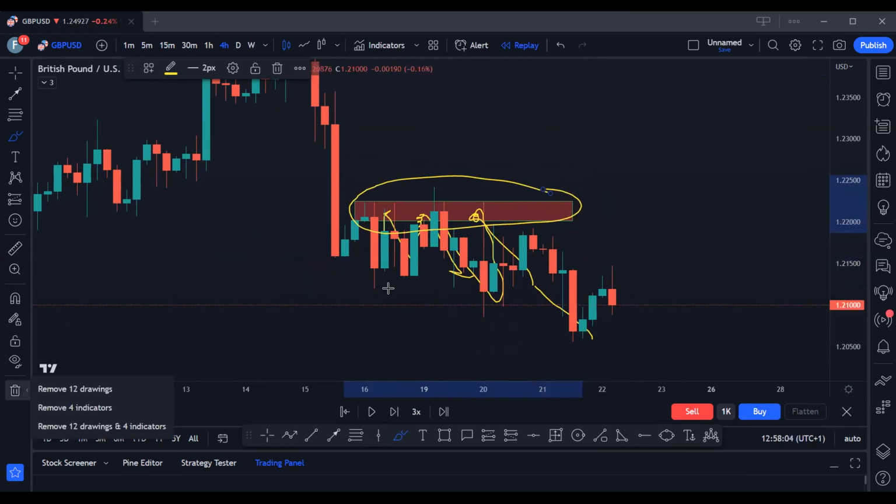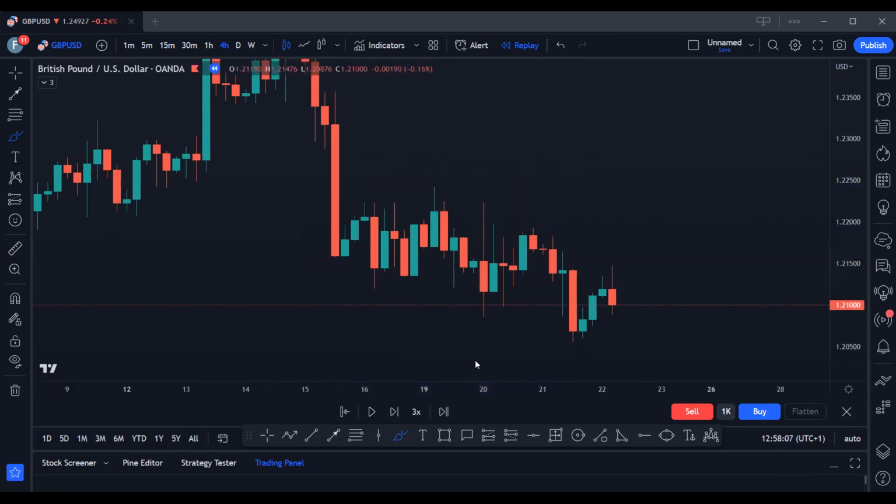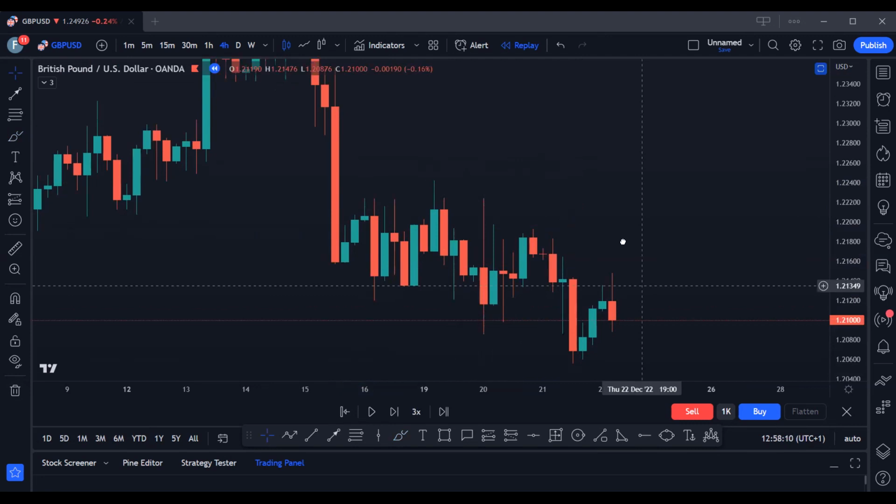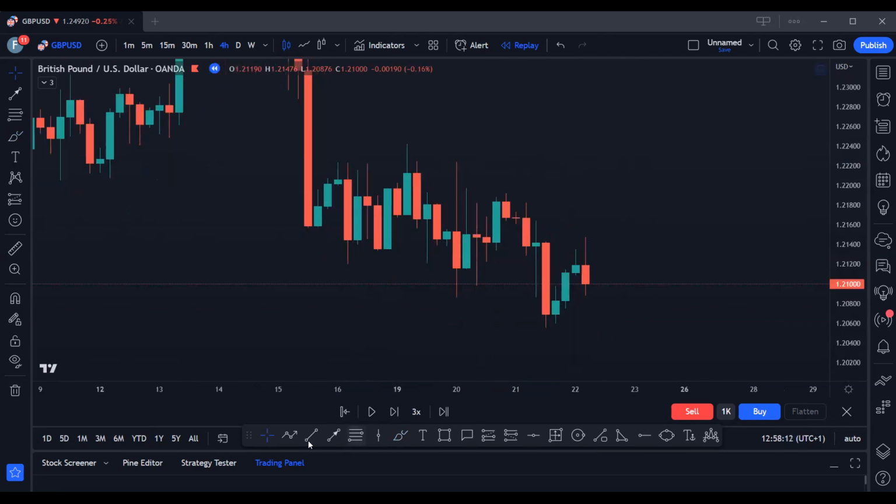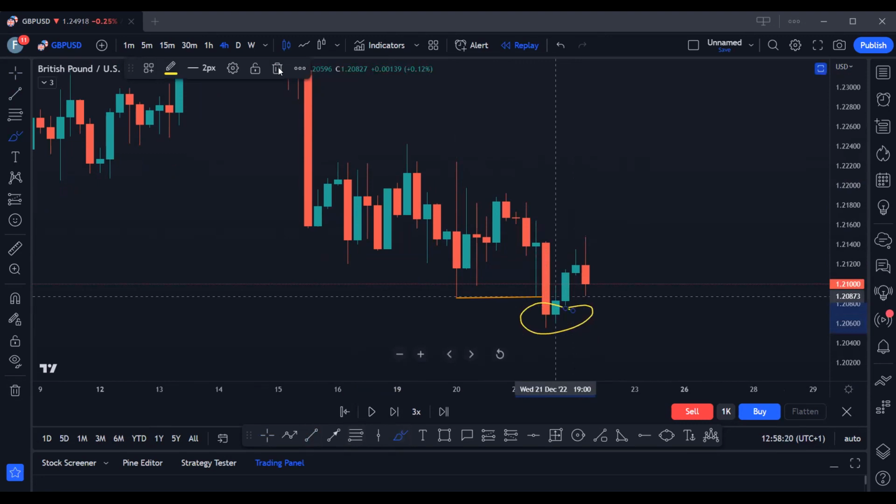Now, ongoing, we are seeing another continuation. We are seeing that price is giving us new lower lows. Okay, so this is a previous low. You can see a new lower low here. So once price is giving you a new lower low, that is a continuation of the downtrend.